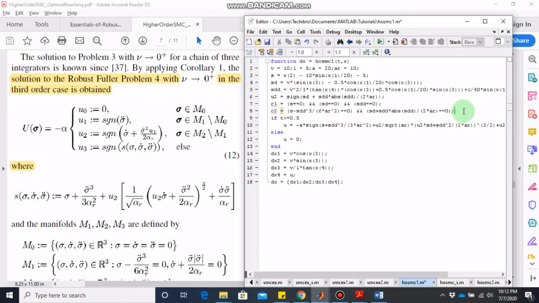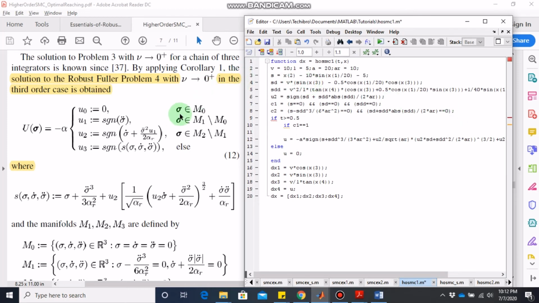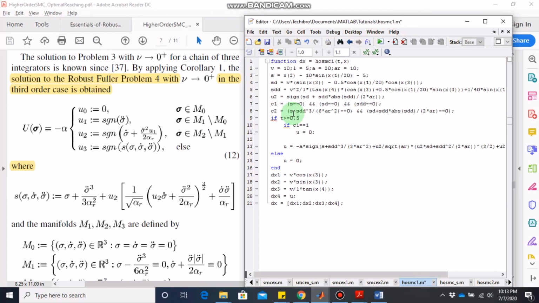So how can I implement the control? Well, what I can do is, if C1 equals 1, which means that sigma belongs to manifold M0, then u is equal to 0, else if C2 is equal to 1.